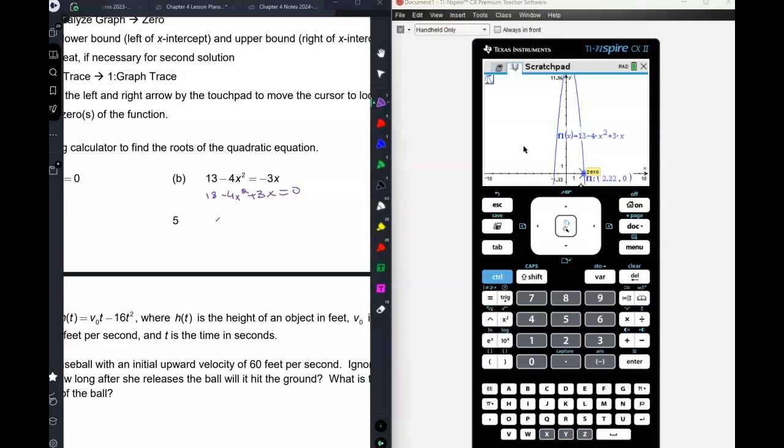So x equals 2.22. And now let's go back to find the other one, maximum again. Zero, negative 1.47. Right? So two ways of doing that.